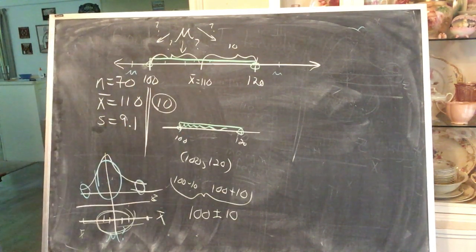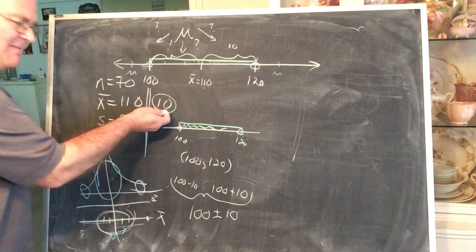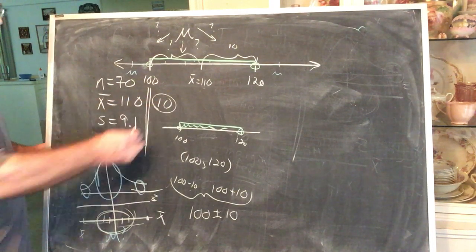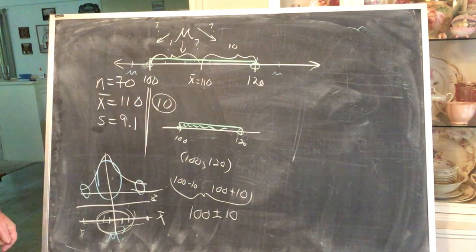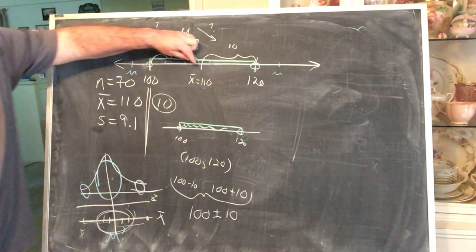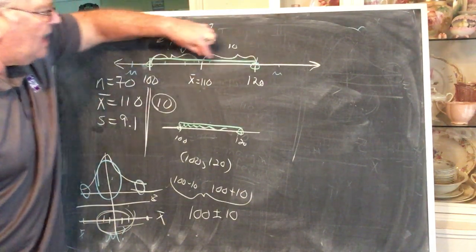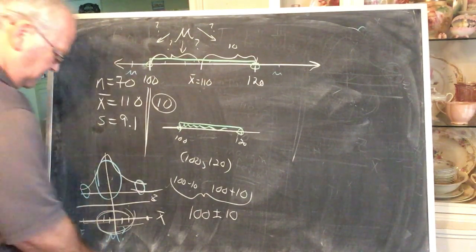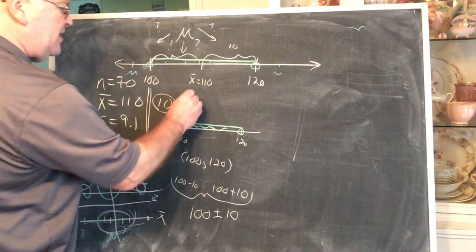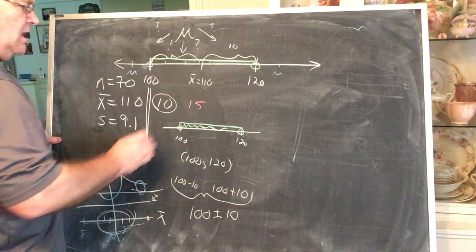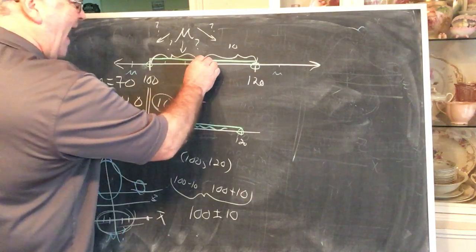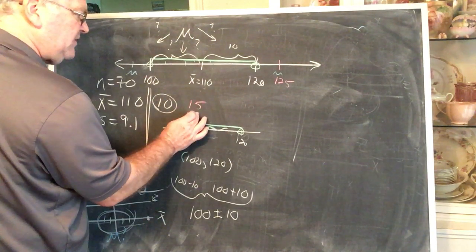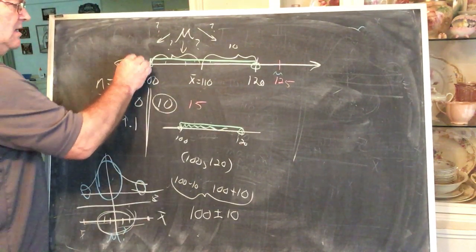First, just some terminology. Now, there's nothing magic about 10. What if instead of 10, I had said the number 15? Then we could take 110, add 15, and we could take 110 and subtract 15. If we use 15 as the margin of error, we could add 15, that would be up here at 125, and we could also be down here at 95.